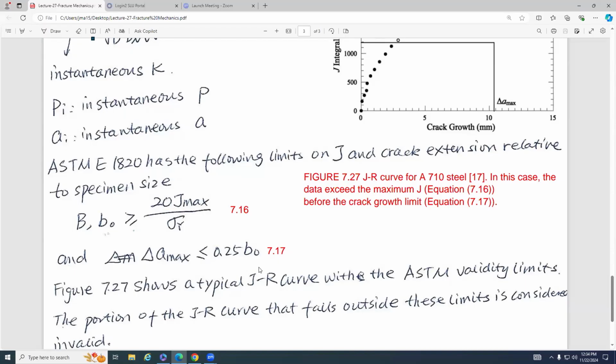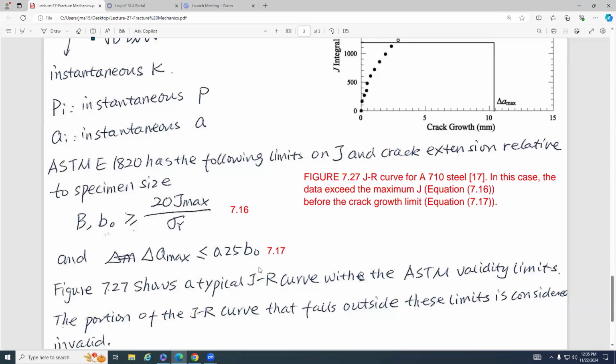B0 means the initial ligament length because the crack is growing, right? Crack growing means that B is changing. B0 and then B1, B2, and so on and so forth until we have Bn, that is the last step, the ligament length for the last step.